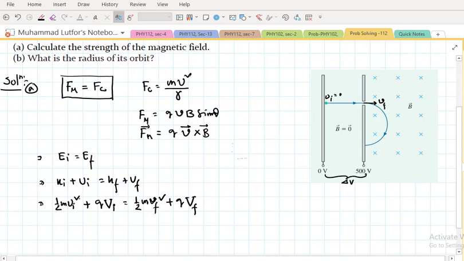The initial kinetic energy is 0 because it starts from rest.